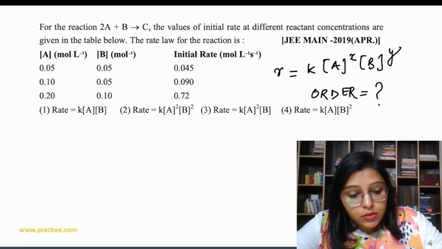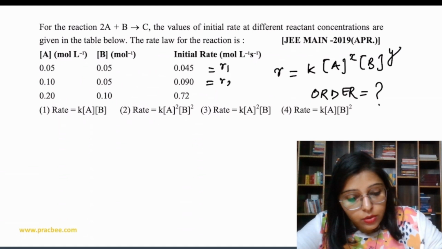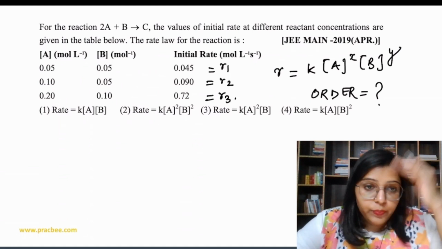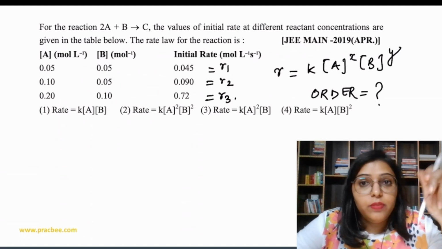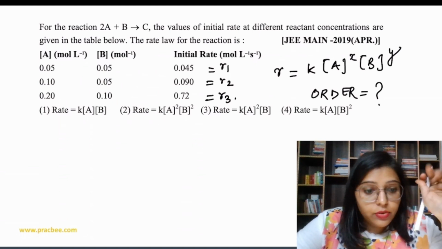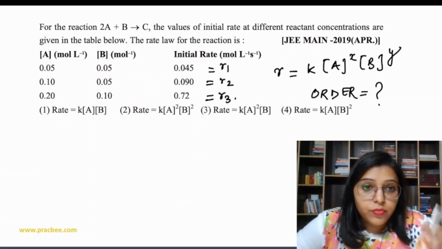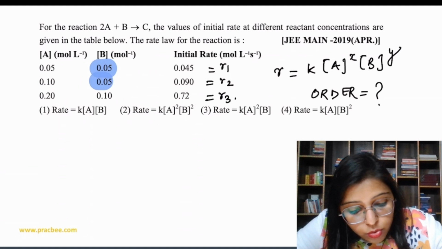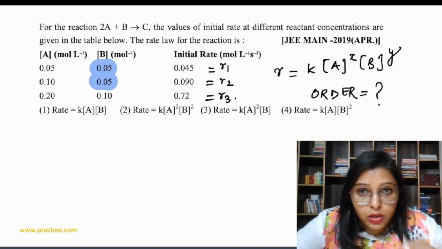So how to solve this? Suppose this is R1, this is R2 and this is R3. First we are going to take those equations in which the concentration of one of the reactants is constant. If we see 1 and 2, here the concentration of B is constant.